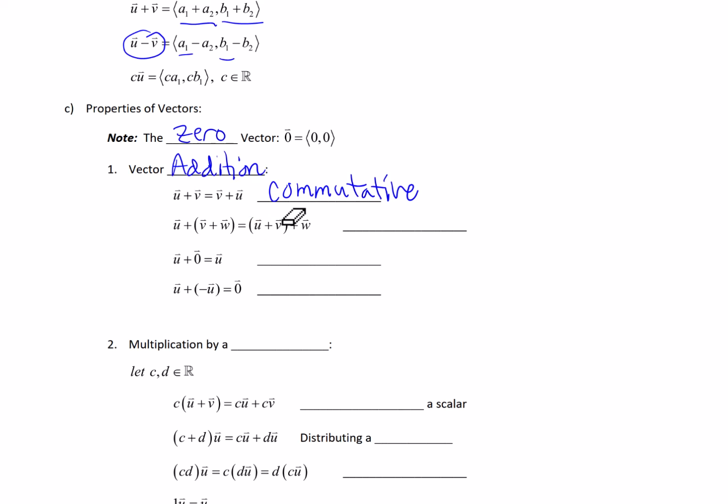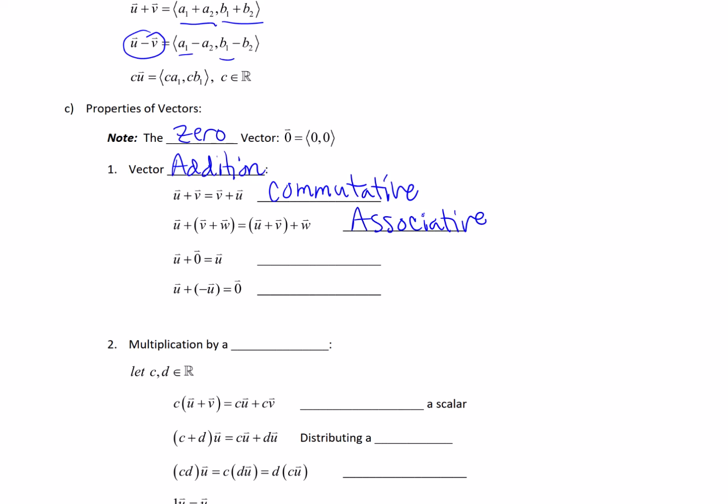Now, if you go back to your maybe algebra or pre-algebra or even arithmetic, you will recognize this as the associative property. So it turns out vector addition is associative, which again, there is an associative property of real numbers that may be familiar to you. This is now just using the same kind of language and symbols, but for vectors.